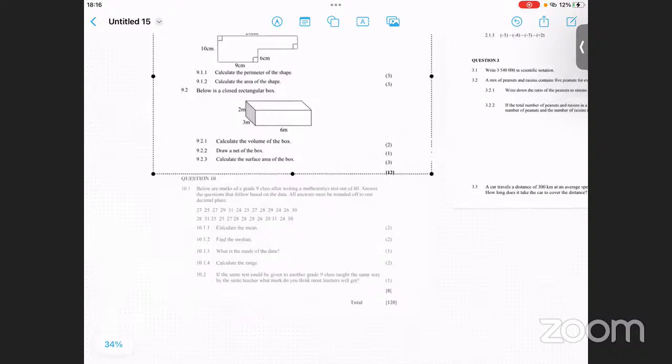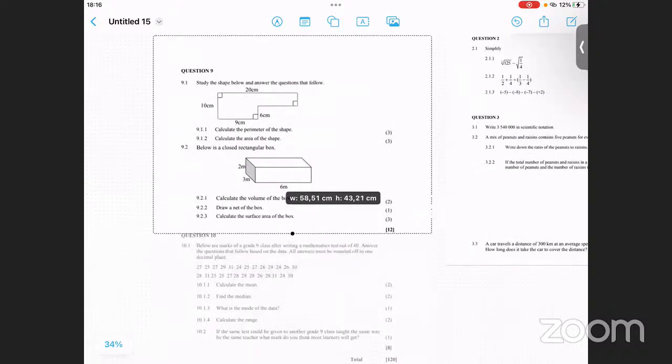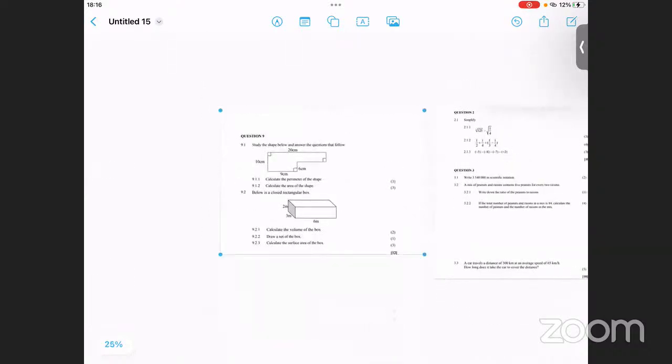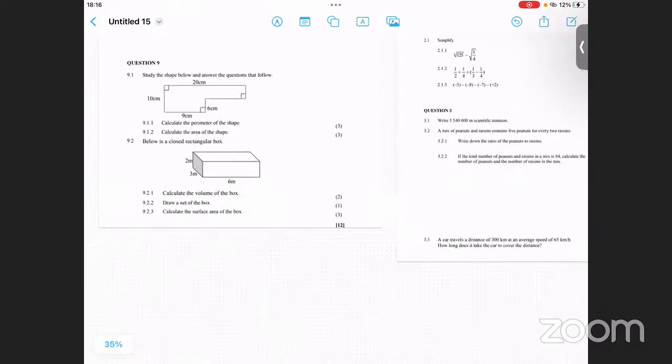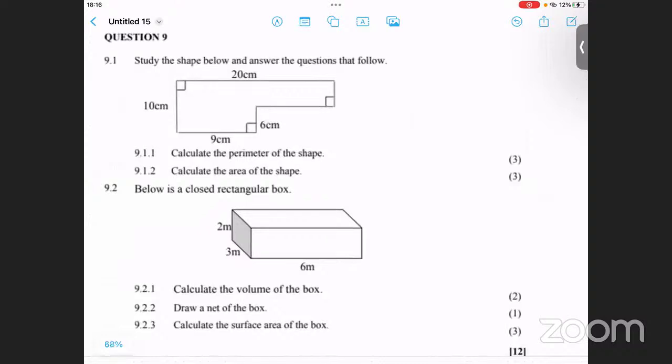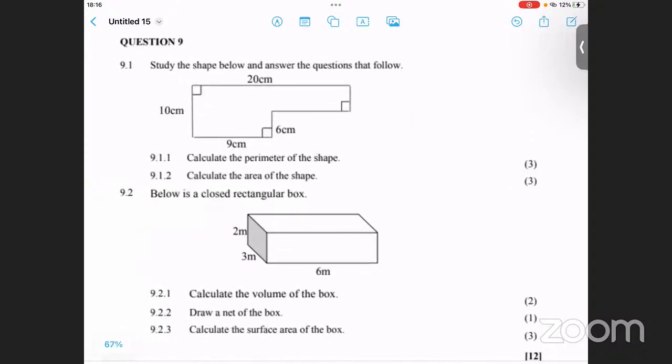So today we're gonna do these two. Hopefully we're gonna finish. Do we have any question with regards to the questions that we did on Tuesday? No, ma'am. Perfect.